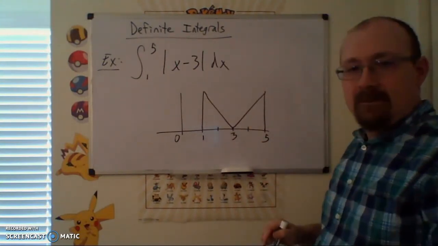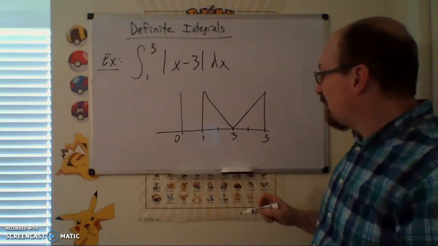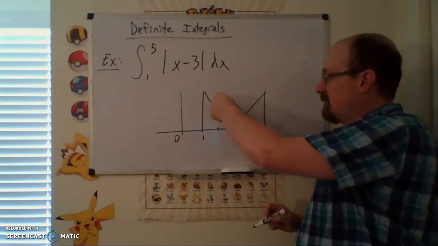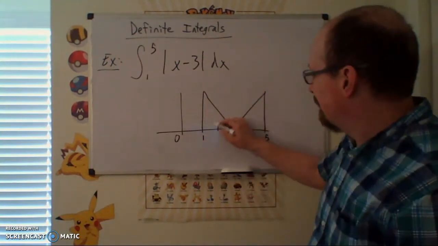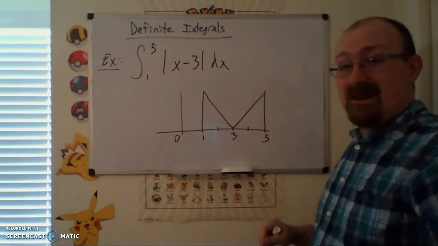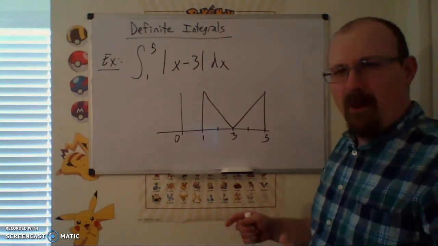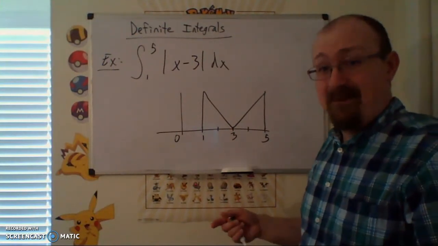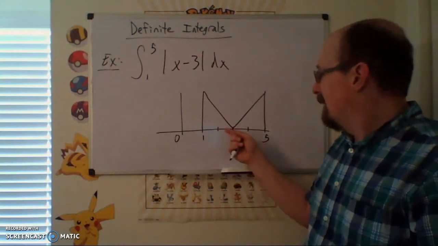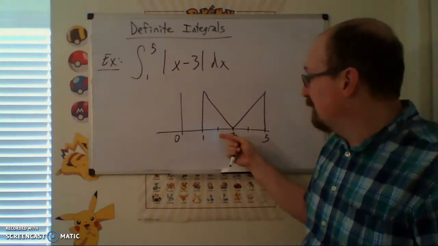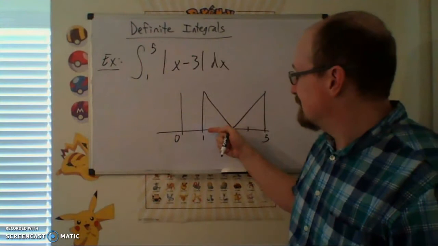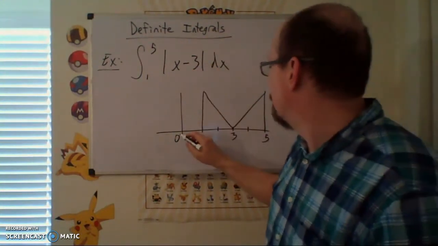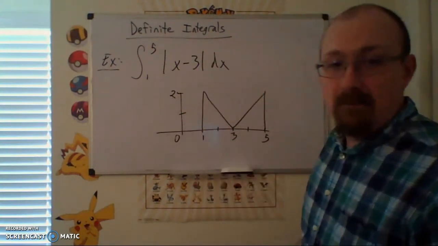And that's my graph. The definite integral of this is going to be the area that I'm catching underneath this graph, so underneath these two line segments. Conveniently, each of those is a triangle, and hopefully you remember how to calculate the area of a triangle. If not, it's 1/2 times its base length times its height. For each of these, we have a base length of 2 and a height of 2 as well, because if you try plugging 1 back into this, 1 minus 3 is -2. The absolute value is positive 2, so shazam.